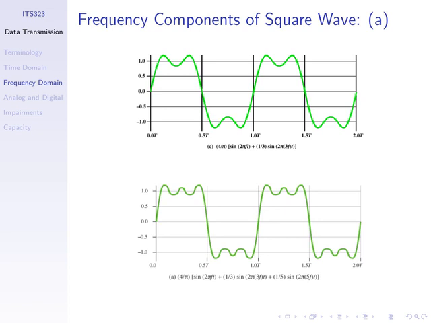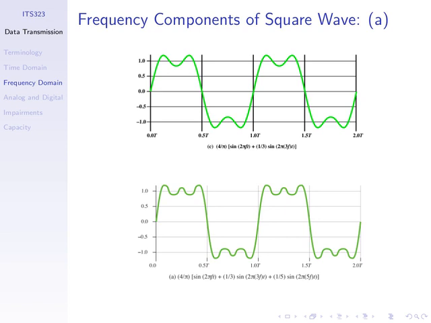This is the plot that we get if we introduce a third component. 4/pi sine 2 pi ft plus 1/3 sine 2 pi 3 ft, same as before, plus another component, 1/5 sine 2 pi 5 ft. And you see some pattern there.